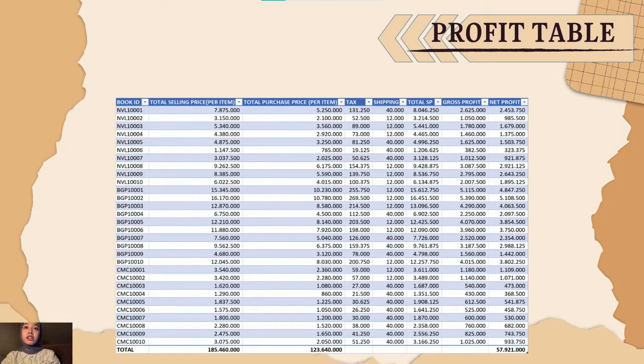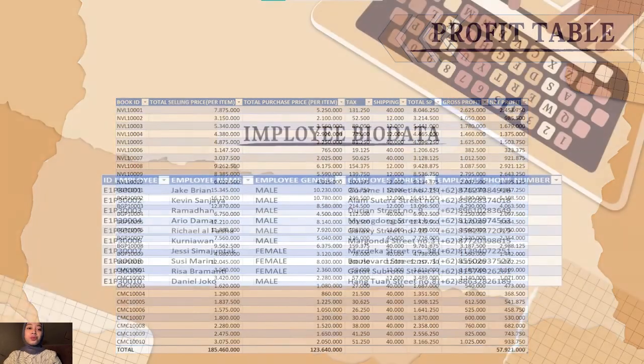Example is equal to B2 minus C2. For net profit, we use formula 2. The formula is equal to G2 minus sum D2 and E2 until E2.